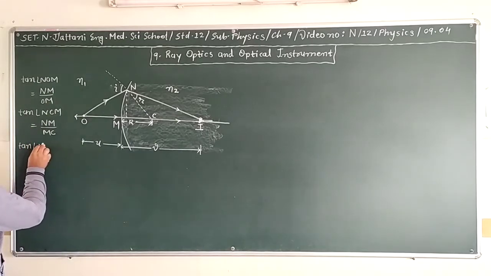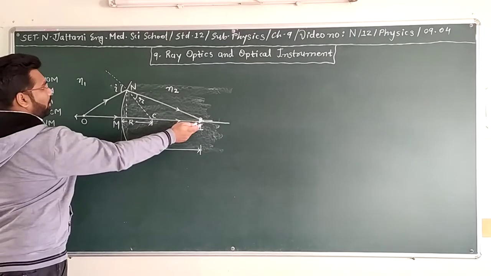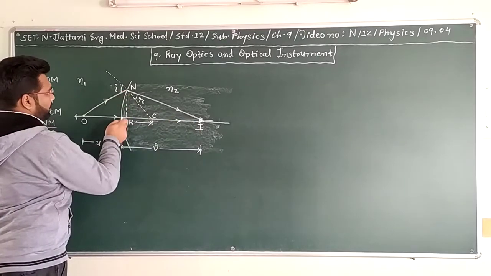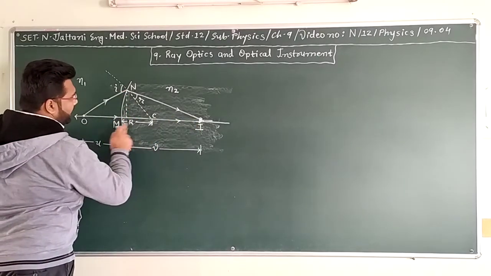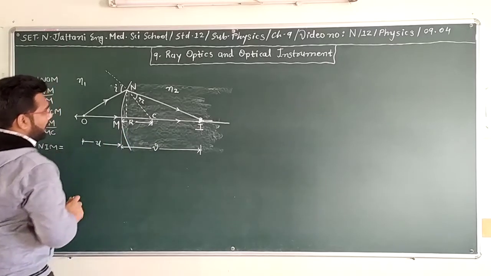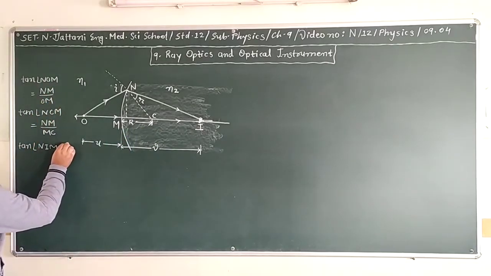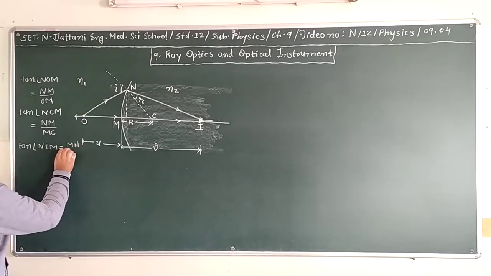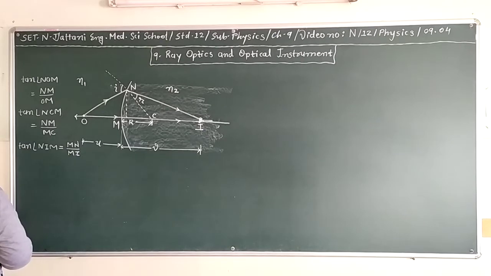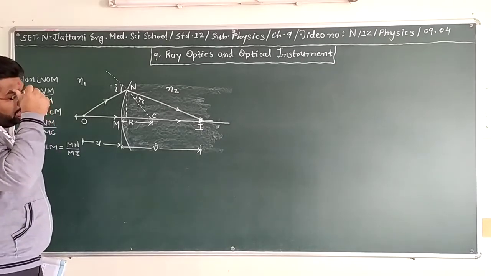The opposite side is MN and the adjacent side is MI, so we can write MN upon MI.